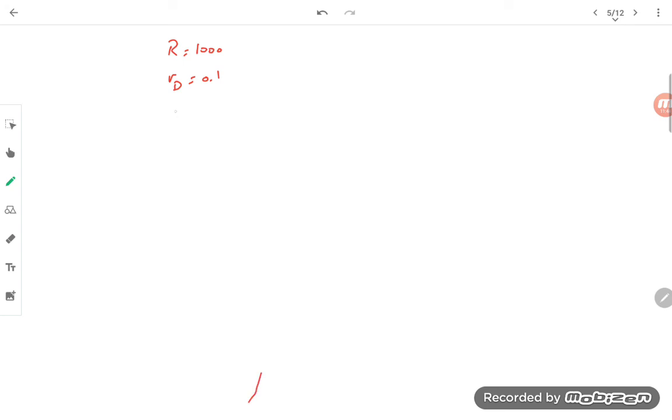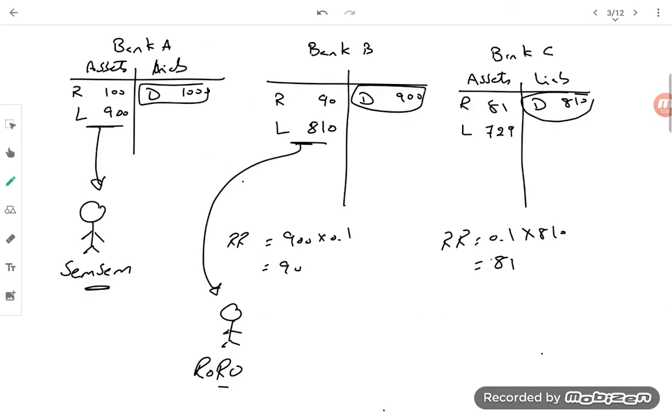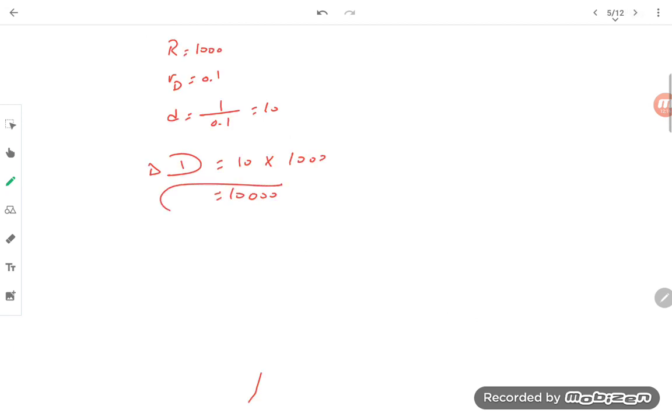So we can calculate the deposit multiplier as 1 over 0.1, which is 10. So to calculate the change in D, it will be 10 multiplied by 1,000, which is 10,000. So the total amount deposited in all the banking system will be 10,000, which is the summation of 1,000 plus 900 plus 810 plus, till we reach 10,000.